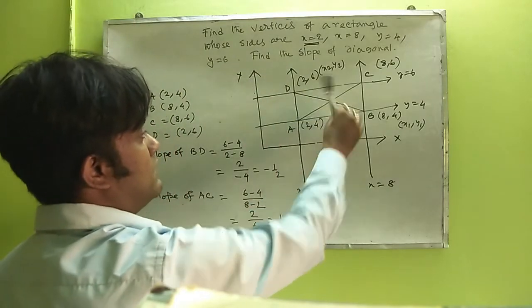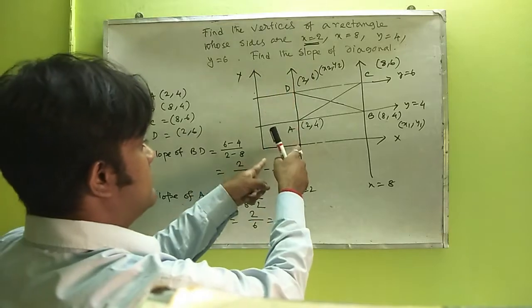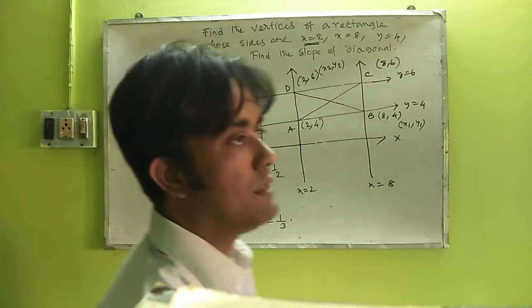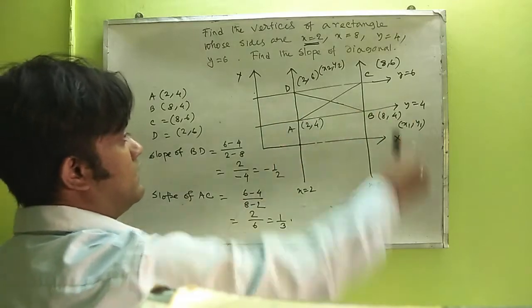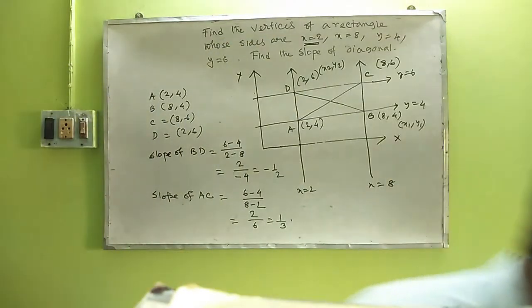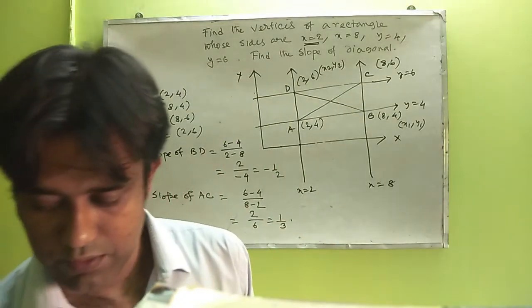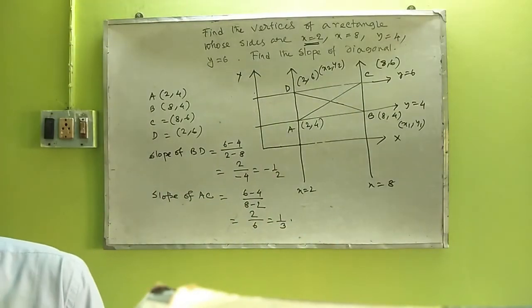So we draw these straight lines and then use the formula of slope. Now please follow the sum once again.